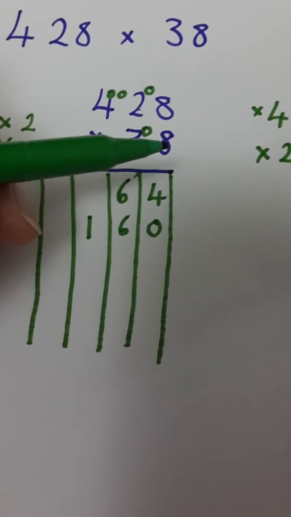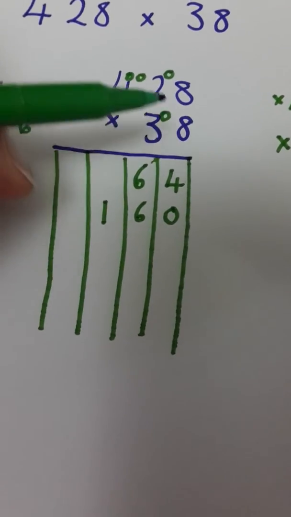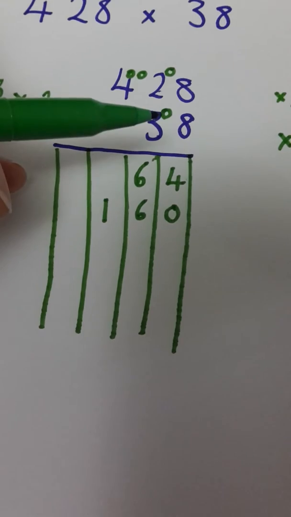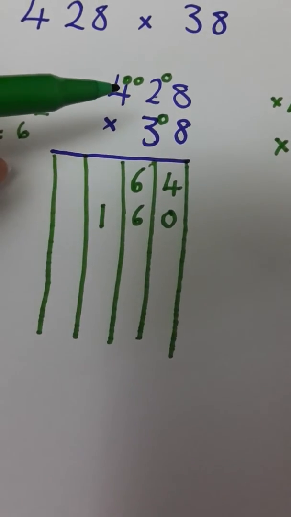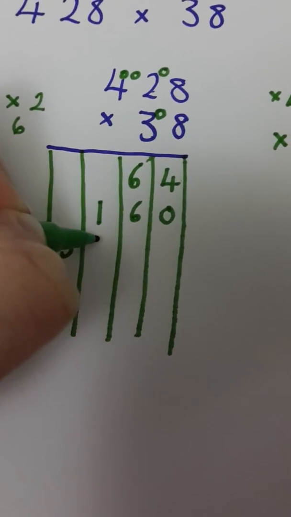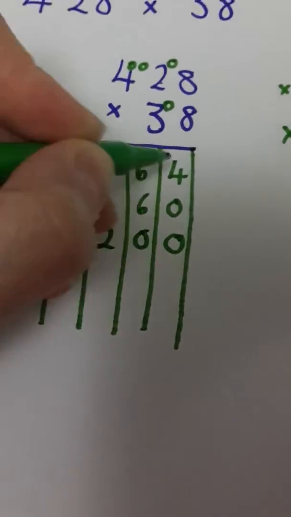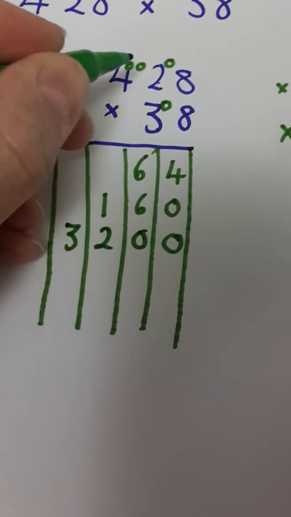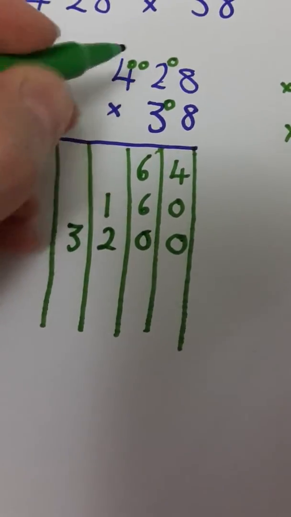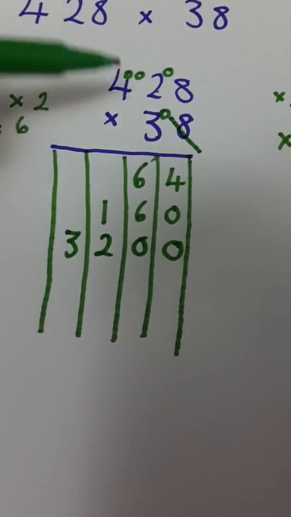So 8 times 2 is 16, 16 times 2 is 32, but again I'm doing 8 times 400, so I'm going to end up with 3,200 because I've got 32, which is what I've just calculated from the 8 times 4 and the 2 zeros. Now I've dealt with this 8 completely, so I can cross it through.